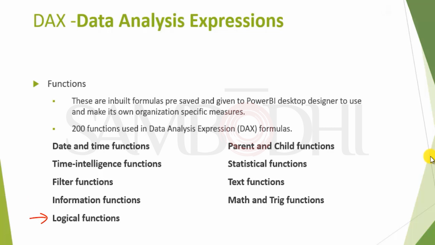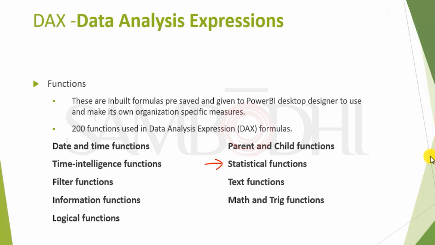Logical functions are basic if else, like we saw today: if something is equal to something then make it true, those are logical functions. Parent child functions are where the child function returns something for the parent to take care of and move ahead. So these are like a tree kind of a function wherein you can have a subchild or a subset evaluated first and passed on to the parent.